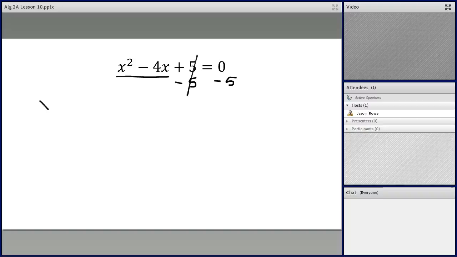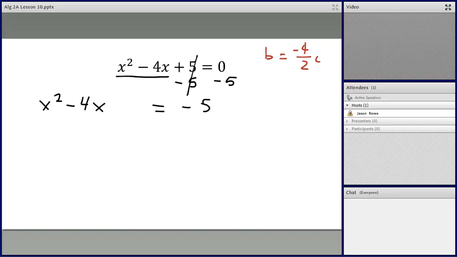So that's going to leave me with x squared minus 4x, and I'm going to leave a little space there, and it equals negative 5. So now here's the completing the square part. To complete the square, we're going to take b, which in this case is negative 4. We're going to divide it by 2.